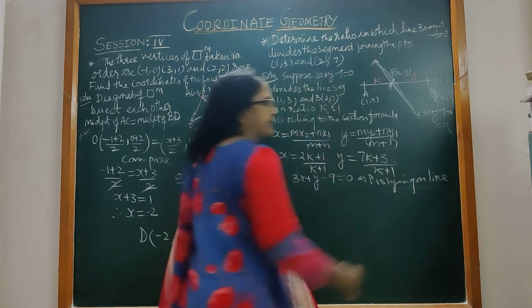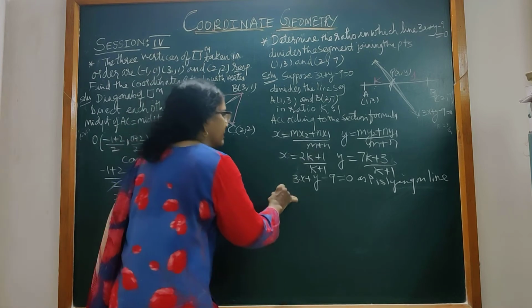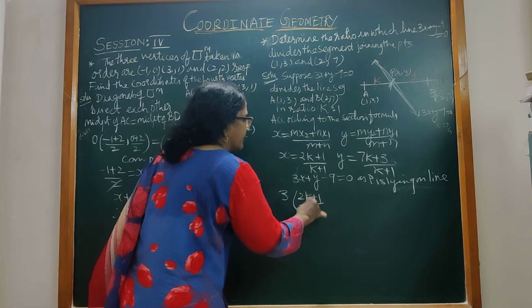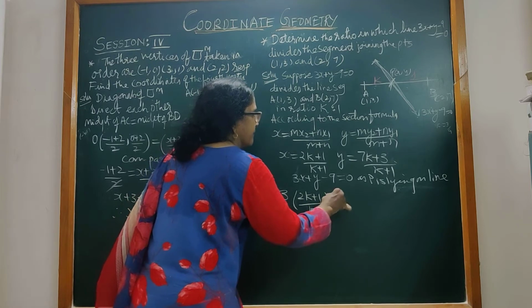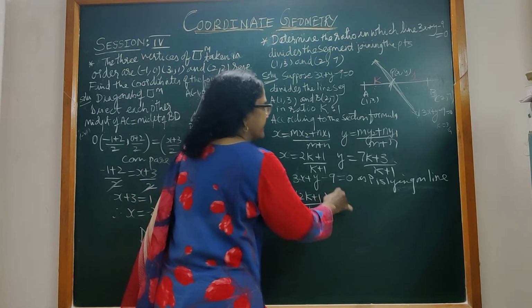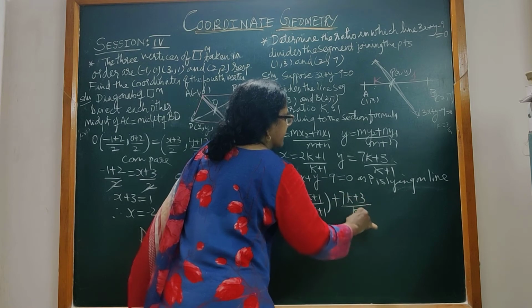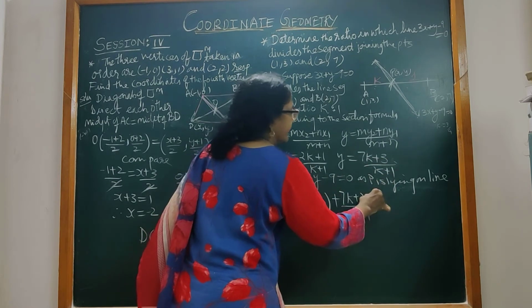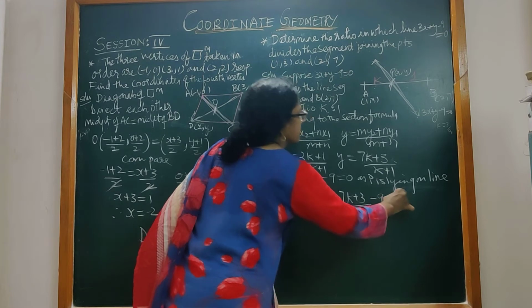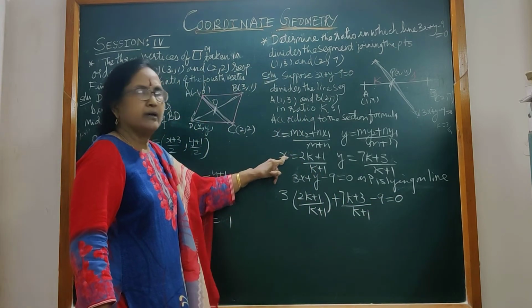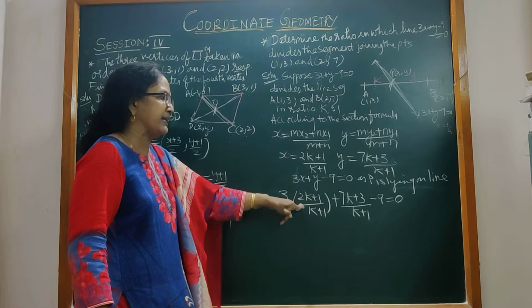So it will satisfy. So we will keep the 3x, that is 2k plus 1 upon k plus 1, plus y, 7k plus 3 upon k plus 1, minus 9 equal to 0. So we have kept the x coordinate value and the y.